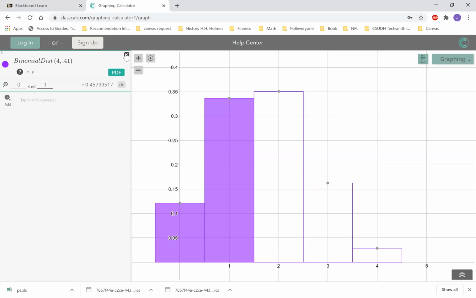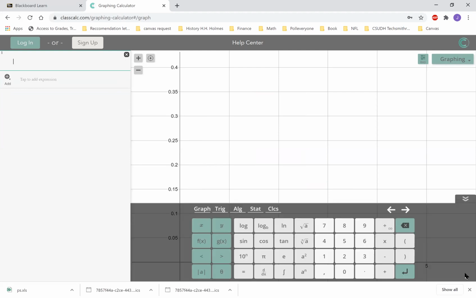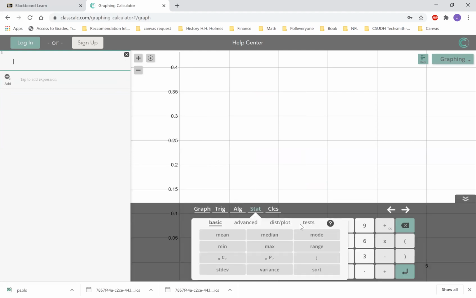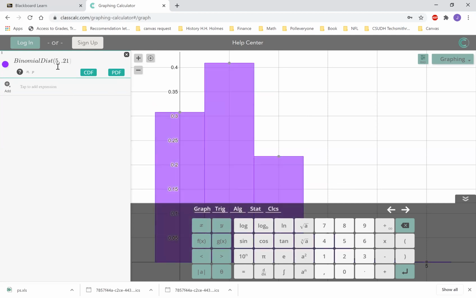All right, so remember, to go to binomial, you go to stats, you go to distribution, and you go to binomial distribution. Right here, n is going to be 5. Over here, my p is going to be 0.21.